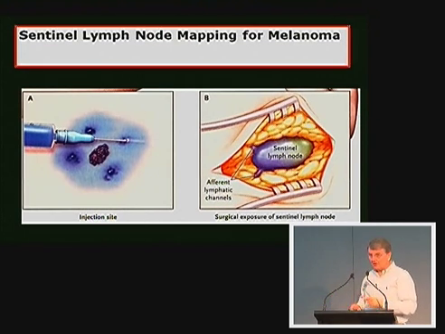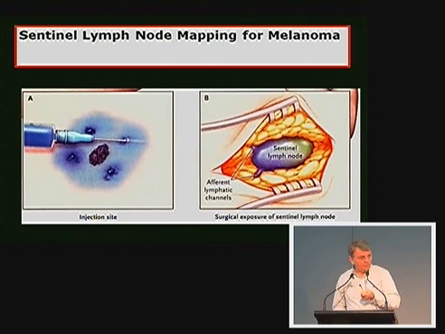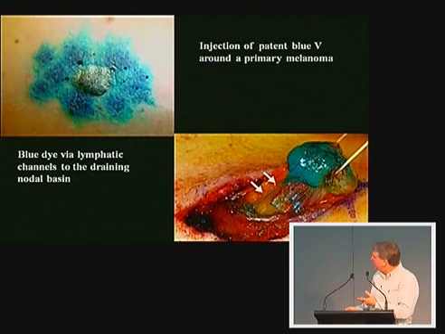The X just gives us a guide to making a cut. So what we then do is inject some blue dye, and the gland turns blue. The gland will have some radioactivity still in it, because we do it the same day as the radiology, and it will be blue. So there we are, injection around a melanoma, and there's the lymph channel coming into a blue node.